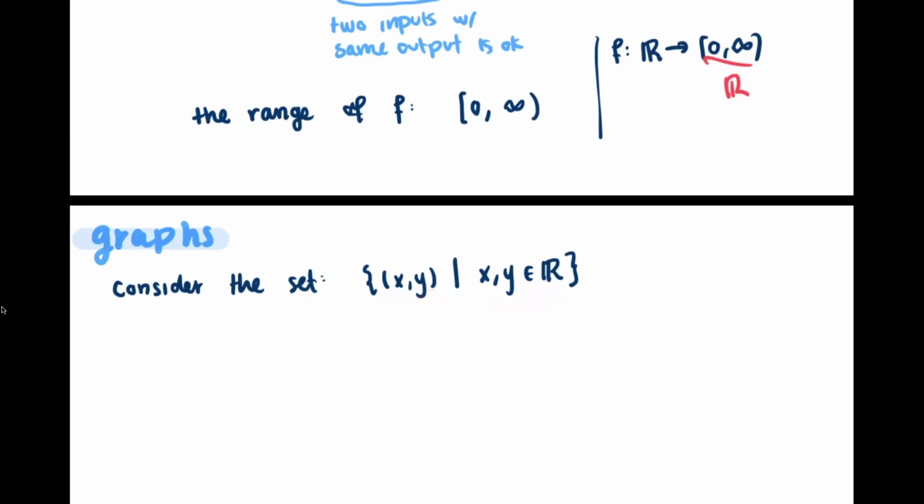You can think of those x and y as tracing out the elements of this set, which are ordered pairs x comma y. So is this making sense? This is another way to make sets.